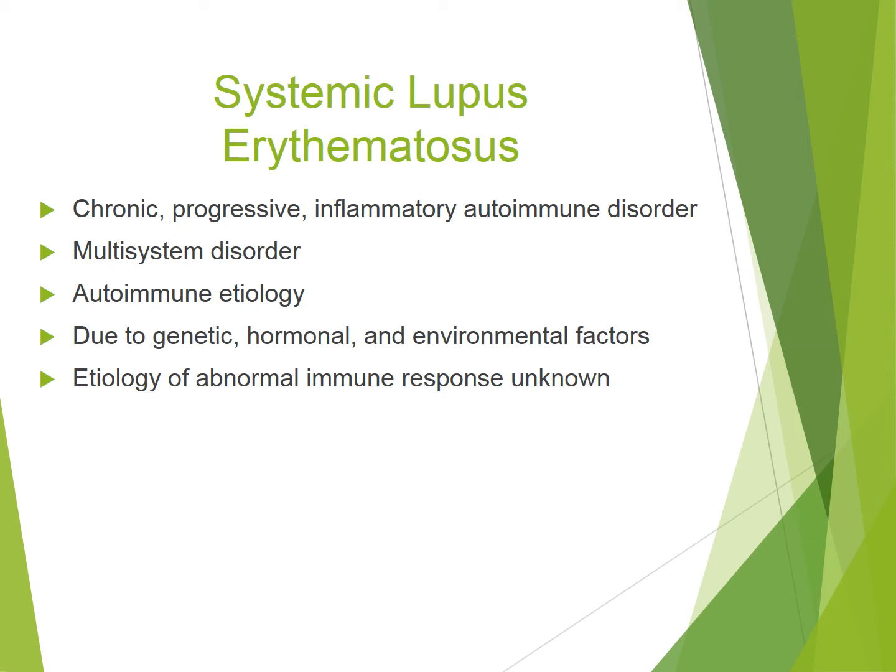Those complexes float around, and that's what causes the problems. They don't know why, but these complexes have an affinity for the kidney. They love visiting the kidney. And so the major cause of death in people with lupus is what's called lupus nephritis. Basically that means kidney failure related to lupus, okay?